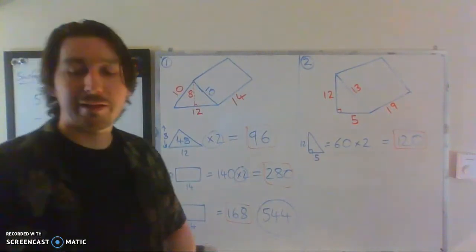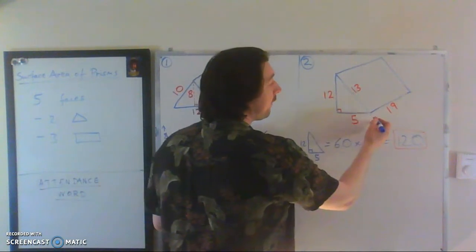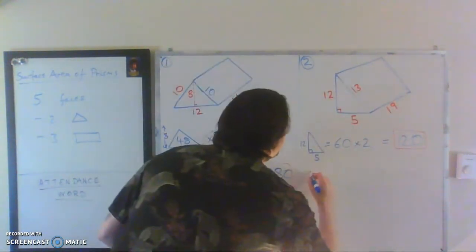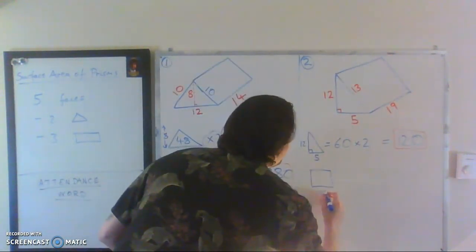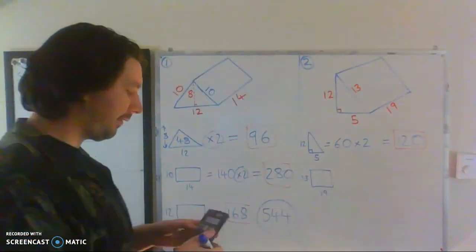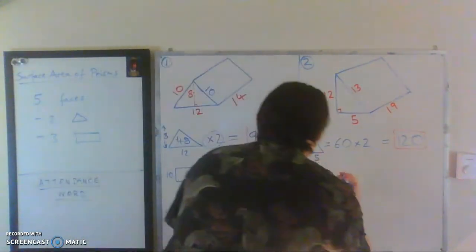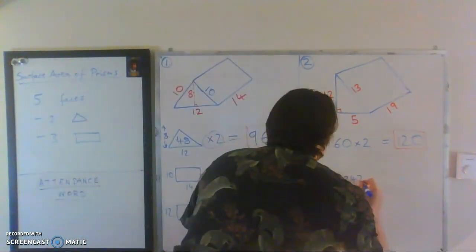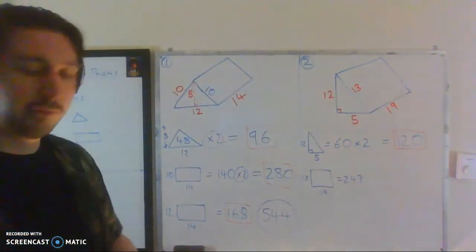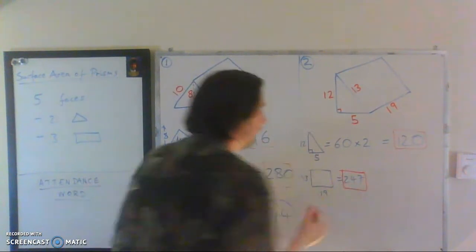I've got 3 rectangles to find now. First, let's go with the one we can see. There's one here that's 13 and 19. That's not a good drawing, but you'll be okay. 13 times 19 is 247. Okay, so that's going to be another number that I'm going to add for my final answer.